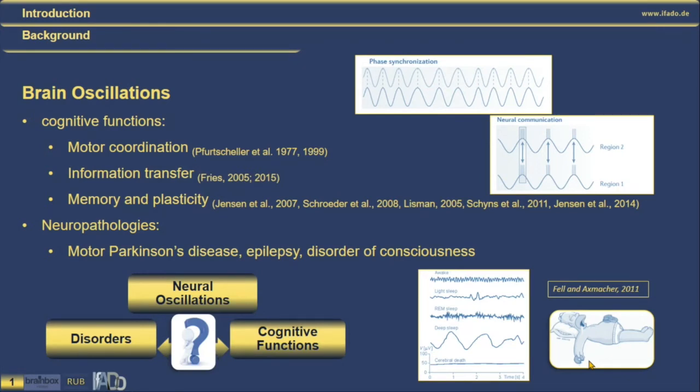And also maybe some cognitive deficits such as working memory.